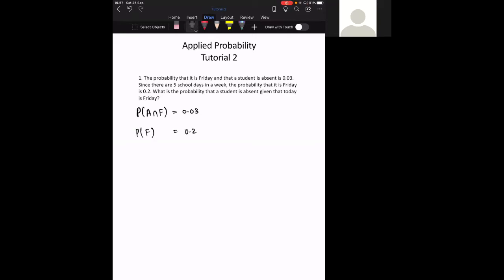We need the probability that a student is absent given that today is Friday. I've underlined the word given because this is an identifier for conditional probability. Why is that? Because once we're given something, we are restricting our sample space. This is basically what conditional probability is.